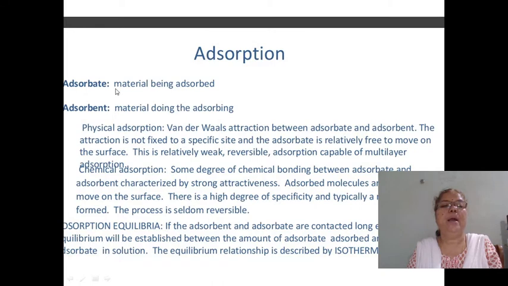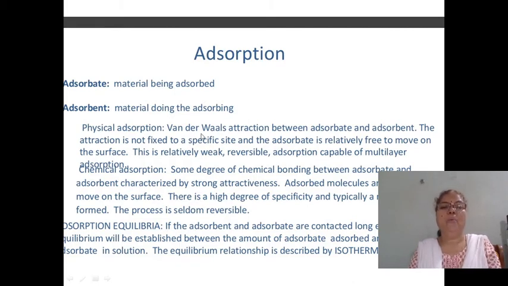As already I have told you, depending on the nature of adsorbate and adsorbent, there are two types of adsorption. The first type is physical adsorption, and the second type is chemical adsorption. And we see in detail what physical adsorption is.